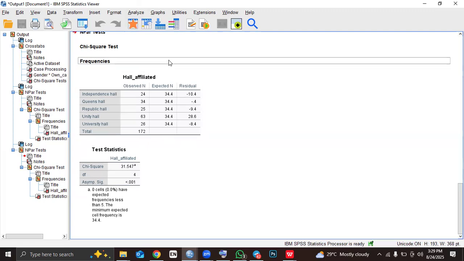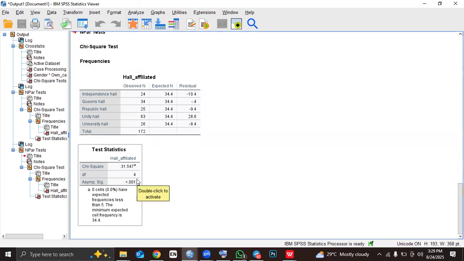But after we ran our chi-square test, because the p-value was less than 0.05, it means that what we expected was wrong, and rather we had a significant difference in the number of students that entered each hall. Very simple, very easy.